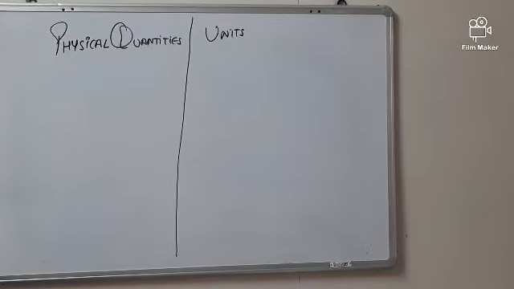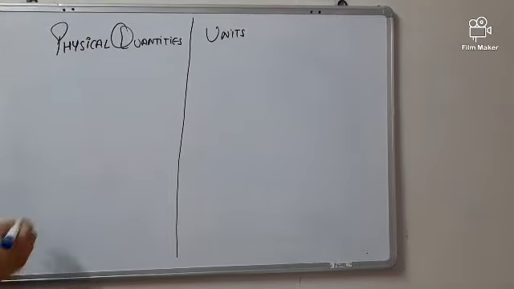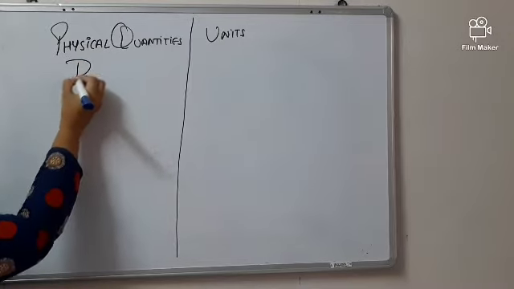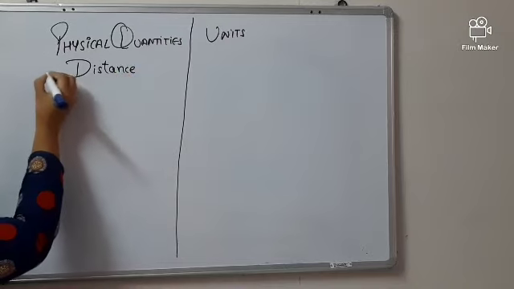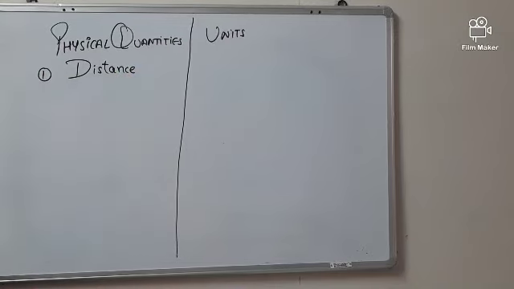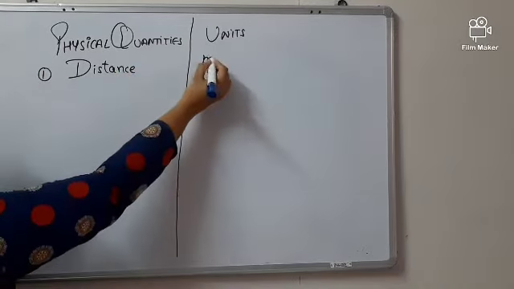Okay. So let's do the different physical quantities which we have done till now and their units. So the first we have done is distance, and its unit is what? Its unit is meter.